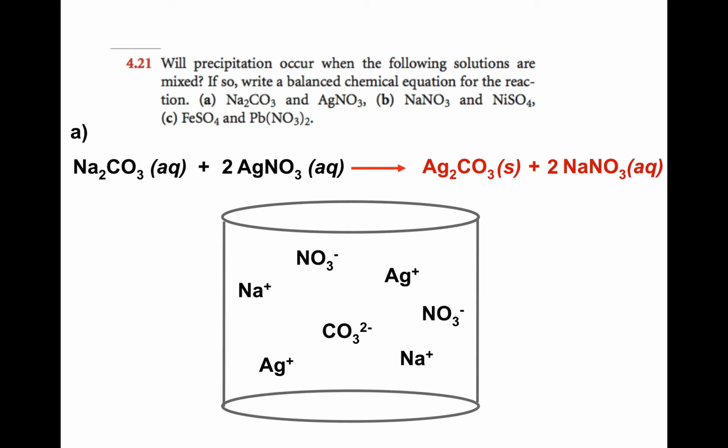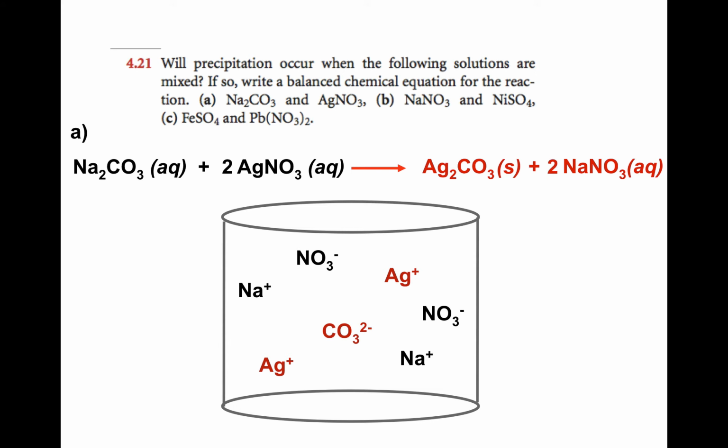All right, looking at this on a submicroscopic view, we're looking at the ions in solution. What happens to those ions in solution? The silver ion and the carbonate ion find each other. When they find each other, they'd rather surround each other than be floating around in water.